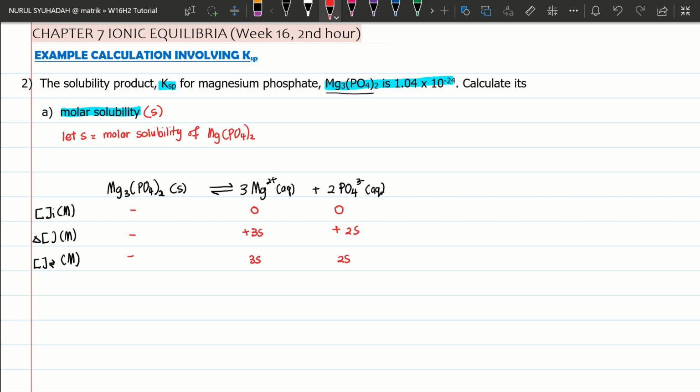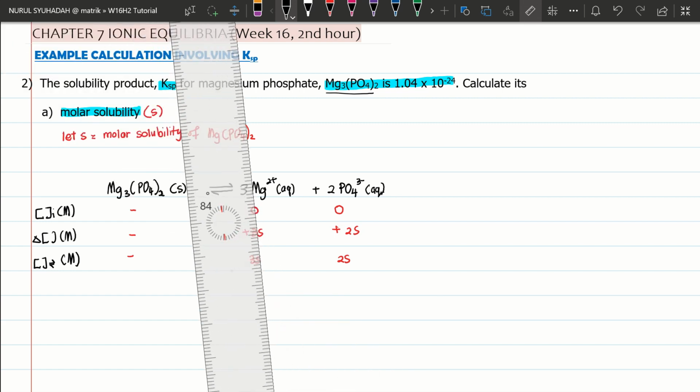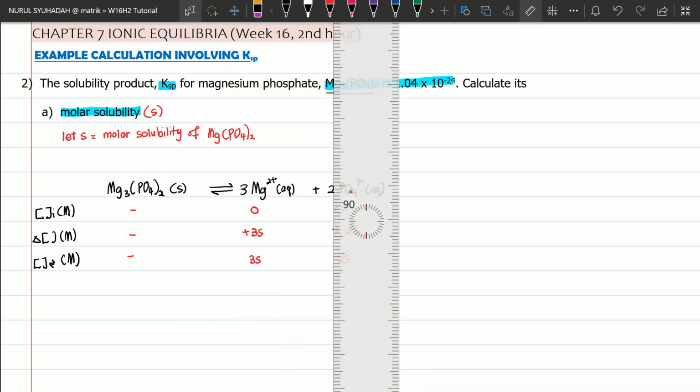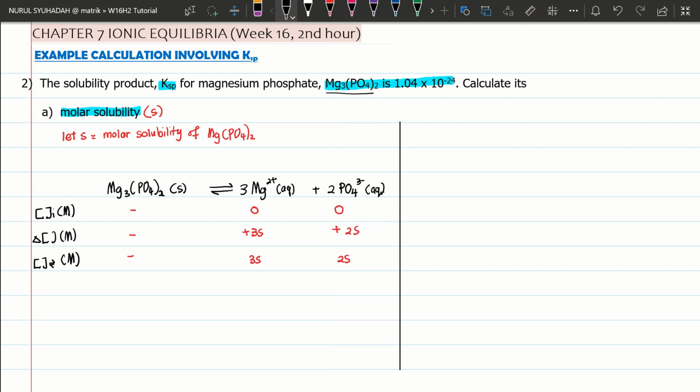So to find the value of S, okay, saya kadang-kadang terlupa saya ada pembaris kat sini. So untuk bagi nampak cantik sikit. So now, to find the value of S, kita akan gunakan kita punya Ksp expression. Okay, so Ksp adalah sama dengan concentration of Mg2+ to the power of 3 times concentration of PO4 3 minus to the power of 2.